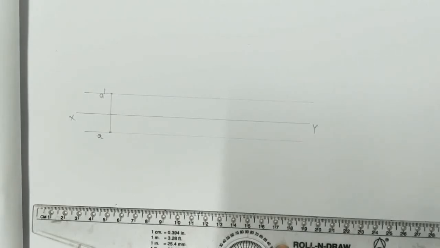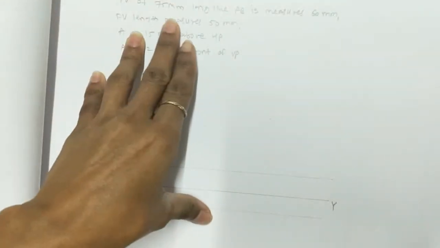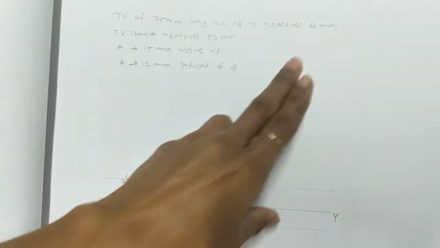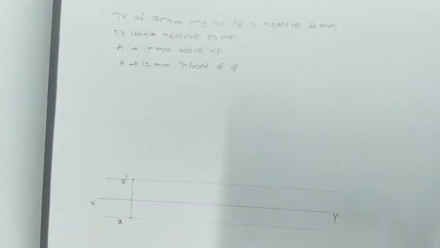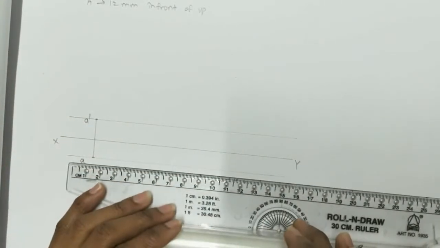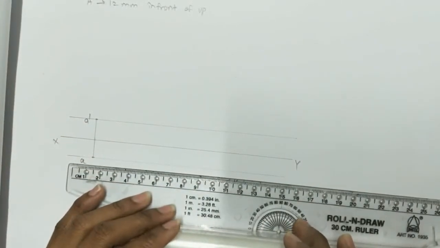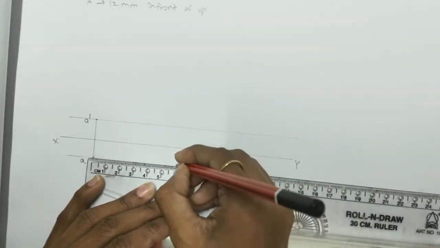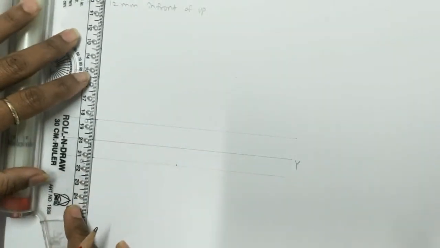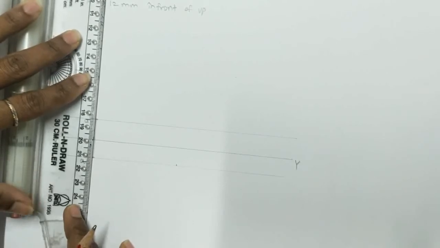Now next it is given that the top view of the line, which is 75 mm long, measures 60 mm, that is top view length 60 mm and true length is 75 mm. So for this, measure 60 mm length on this line and draw a vertical line in front view.